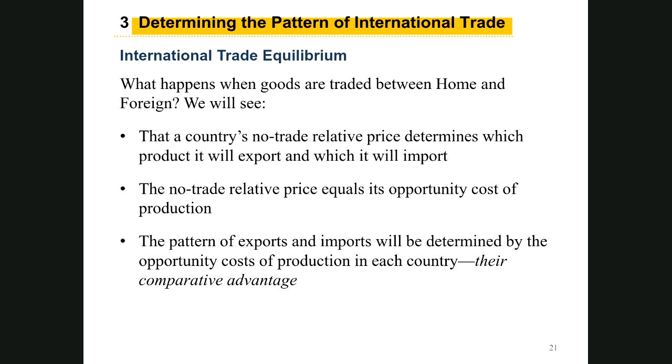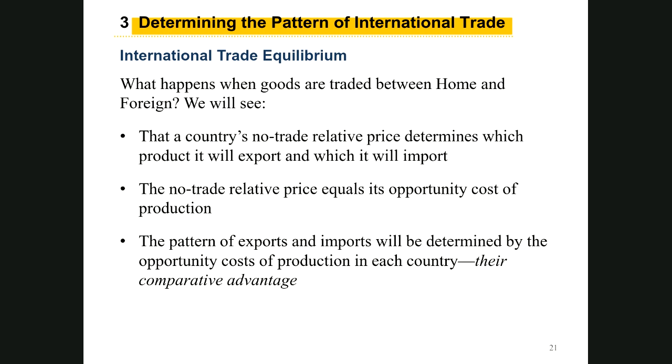Determine the pattern of international trade. Okay, so I think this is where we left off last Wednesday, right? Okay, that means we are all good now.